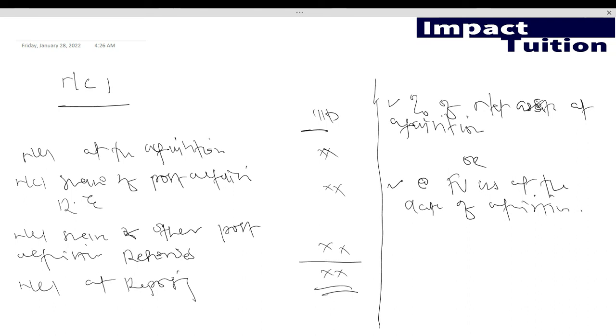So, in measuring NCI, the question will obviously state how it should be done, but there are two ways: either as a percentage of the net assets at acquisition or at the fair value at the date of acquisition. The first technique is easier because it has a shortcut and is also more common in practice.